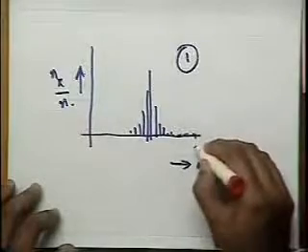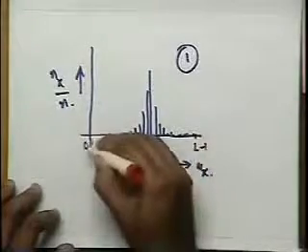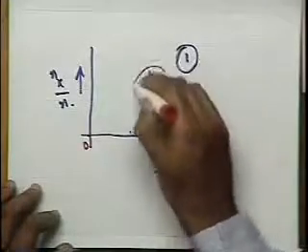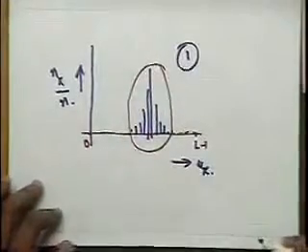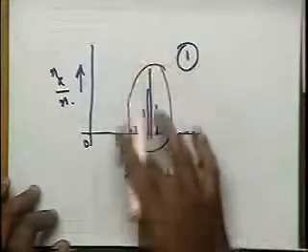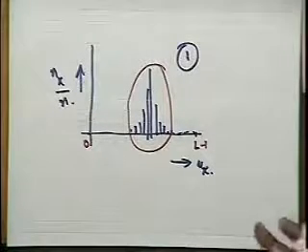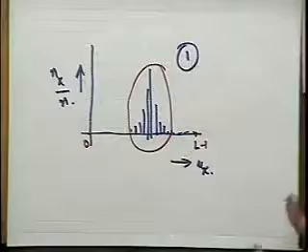Look at histogram number 1, supposing this is the maximum intensity corresponding to L minus 1, this is the intensity for 0. Most of the intensities are in the middle region, in the gray values, neither too dark nor too white. Even here we are not making good use of the entire dynamic range of pixels.